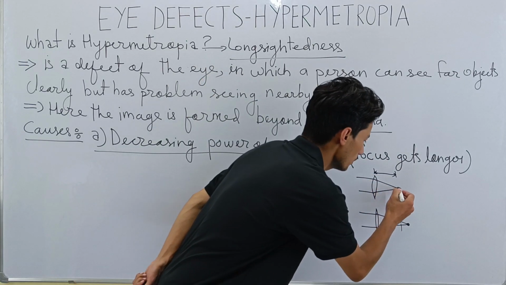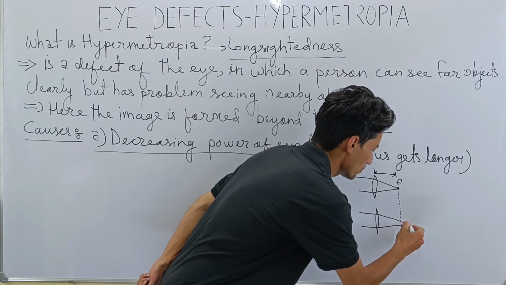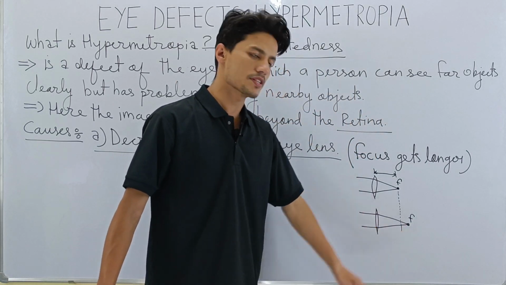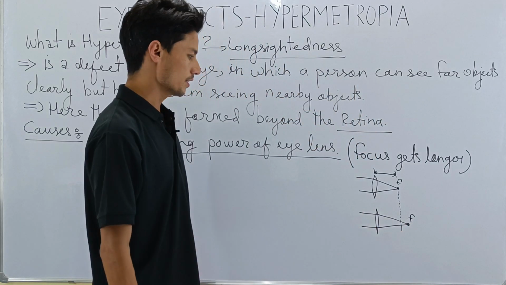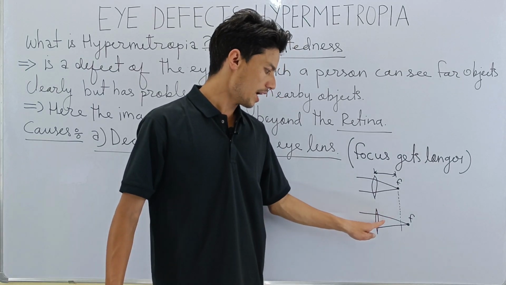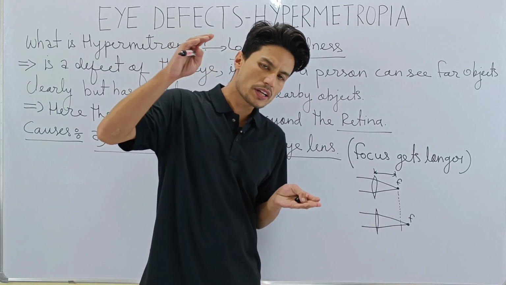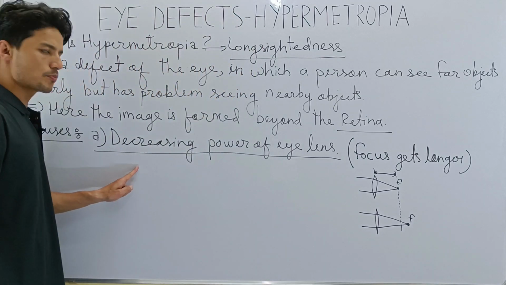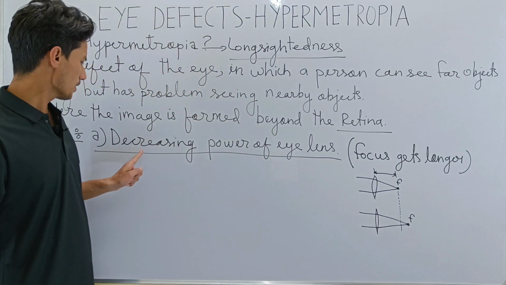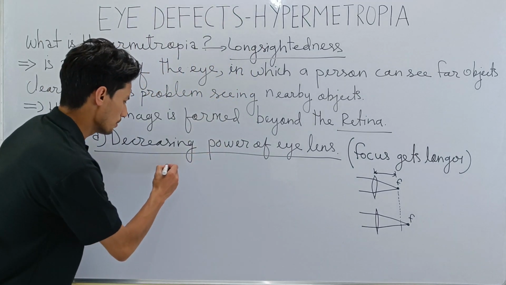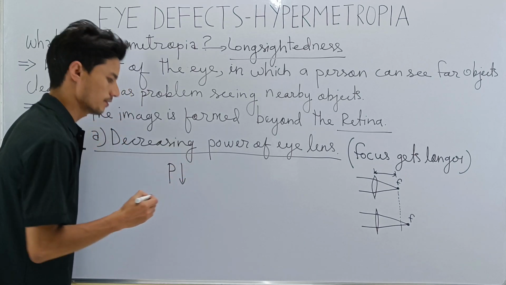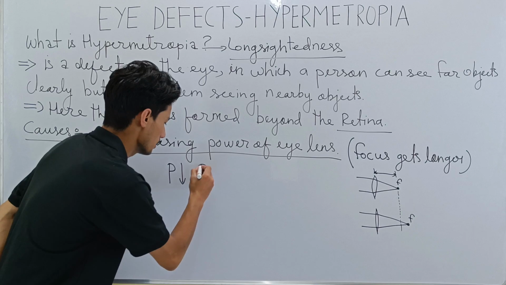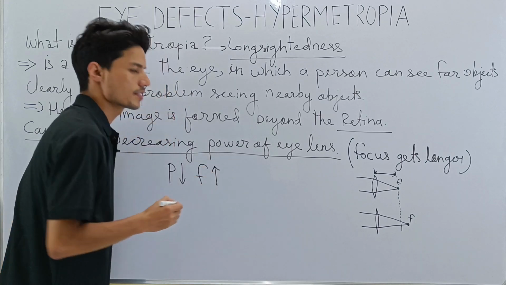So normal focus is here, hypermetropic person's focus is here. So there is an increase in the focal length. This is happening because the eye lens is not able to quickly converge the rays. All right, so this is the first point. In hypermetropia, the power decreases because the focal length increases.